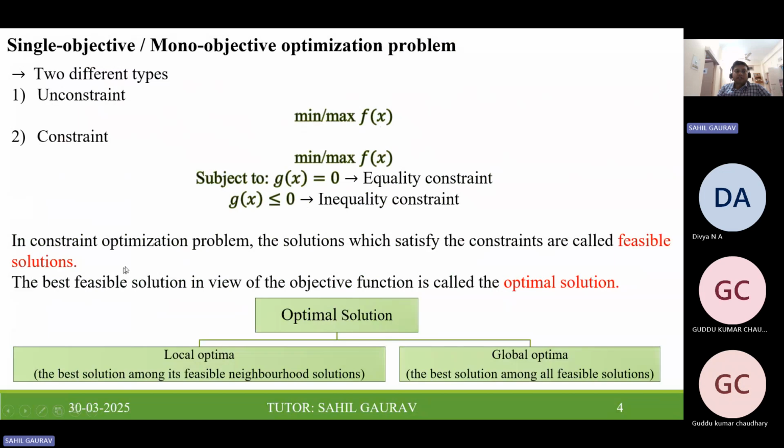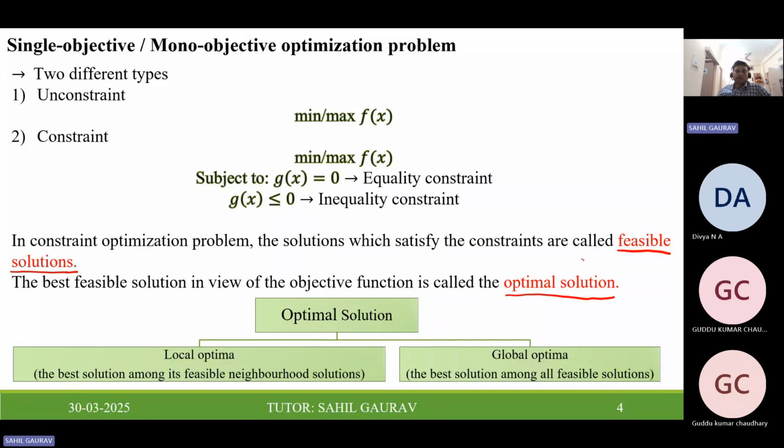So now in a constrained optimization problem, the solutions which satisfy the constraints are called feasible solutions. So if anyone asks you what are feasible solutions, then feasible solutions are those solutions that, when you are solving the constrained optimization problem, satisfy the constraints. And the best feasible solution in view of the objective function, that we call the optimal solution.